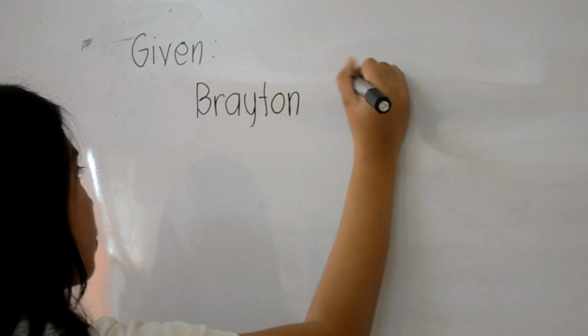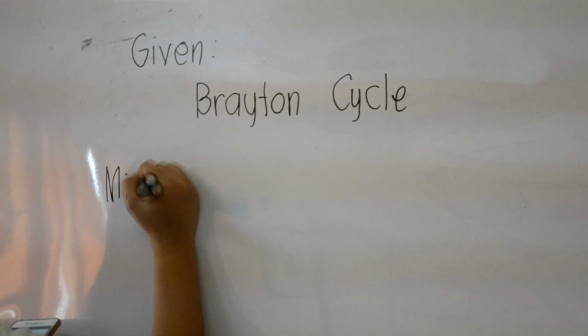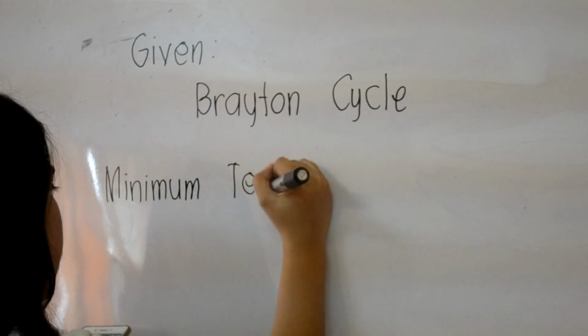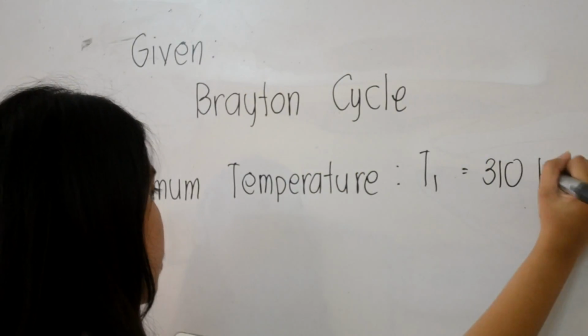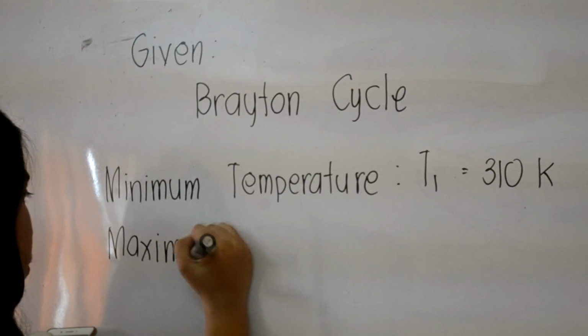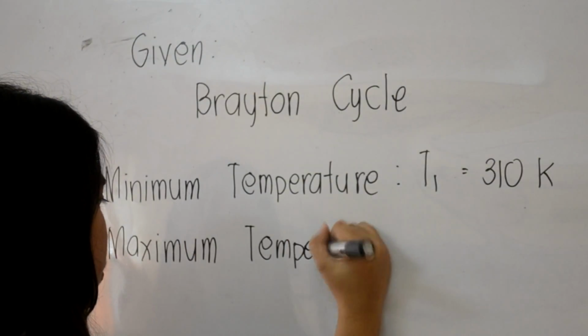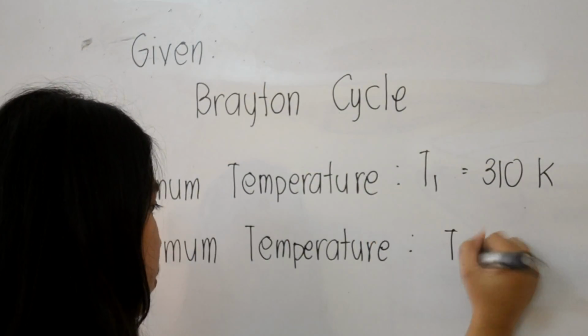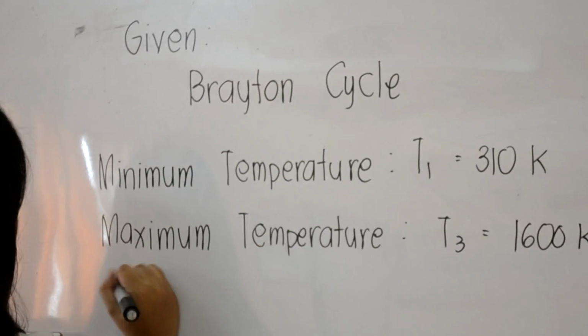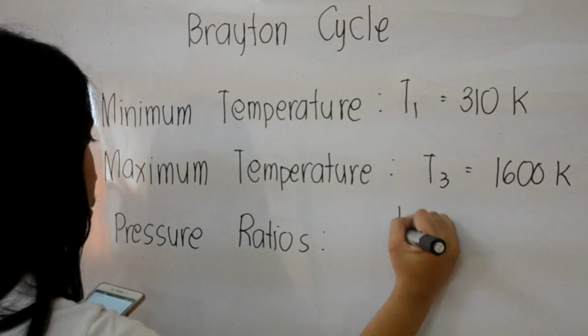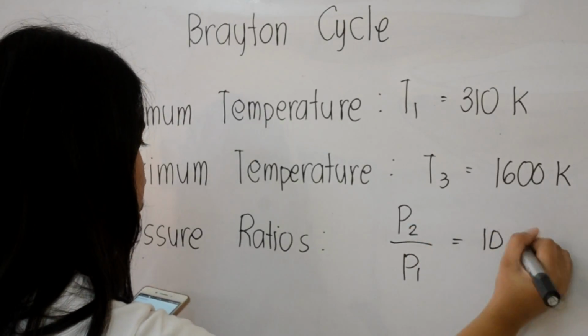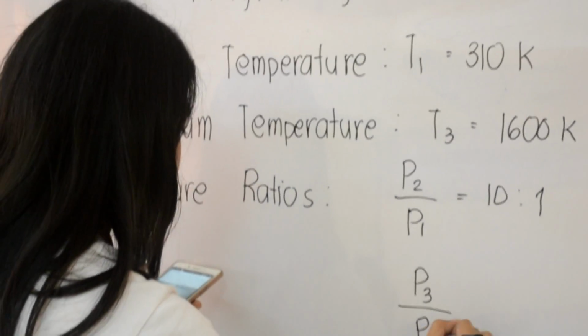These are the given. Brayton cycle. Minimum temperature T1 is equal to 310 Kelvin. Maximum temperature T3 is equal to 1600 Kelvin. Pressure ratios P2 over P1 is equal to 10:1. P3 over P4 is equal to 10:1.